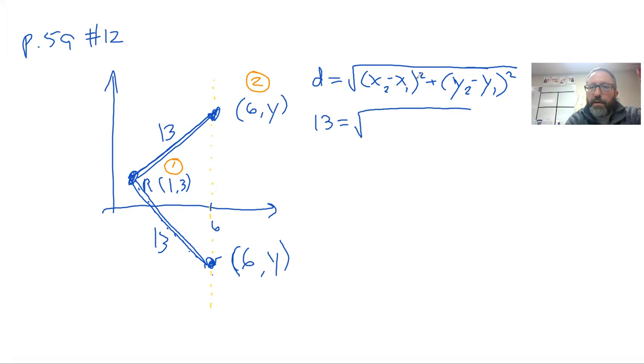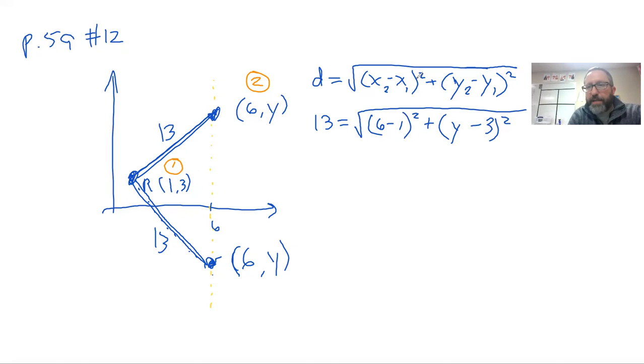We need x2. So from the second pair, the x value is 6 minus x1. So from the first pair, that's 1. That's squared. Now we're subtracting the y values. So second y is the letter y, the variable, the unknown, and the other is 3. Okay, so that's our setup.